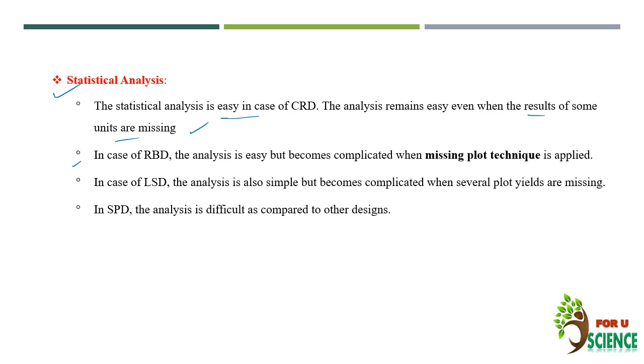But in case of RBD, the analysis is easy but becomes complicated when some units of data are missing, then we can use the missing plot technique to analyze the data. In case of LSD, the analysis is also simple but becomes complicated when several plot yields are missing.